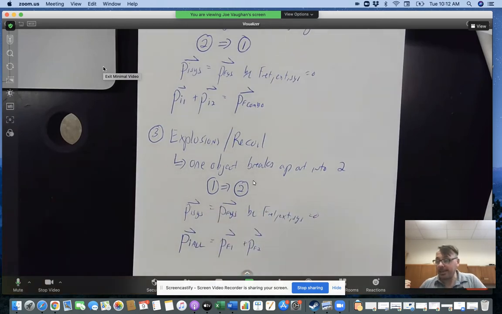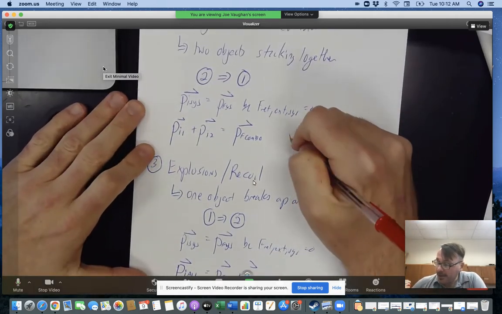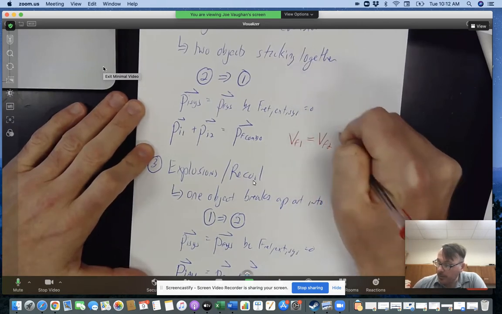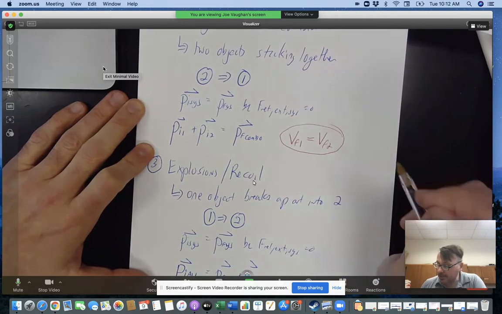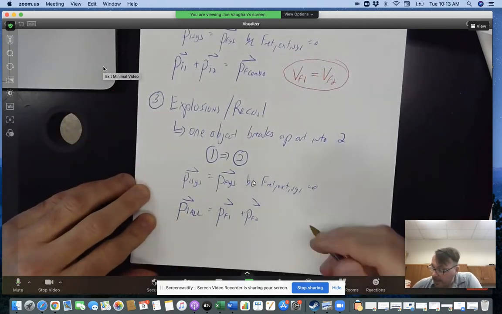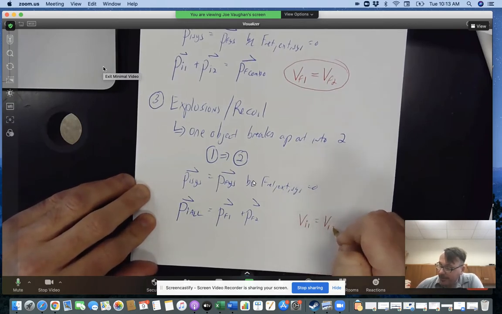The important thing here is if I know the two objects stick together in the perfectly inelastic collision, that means VF1 is equal to VF2, which is why I can do this combo mass. And here, if they start as one object, that means that VI of 1 was equal to VI of 2.